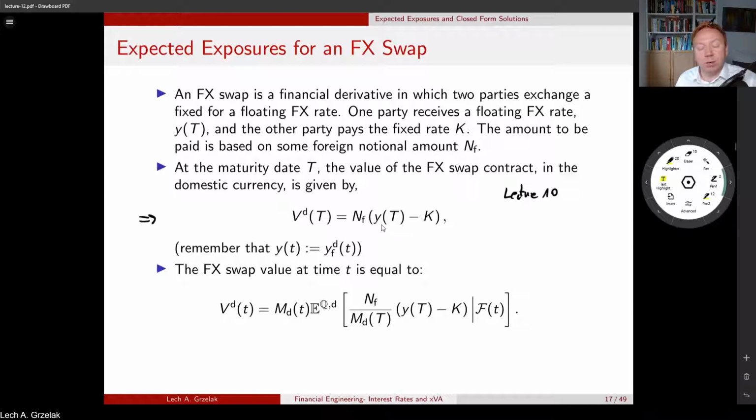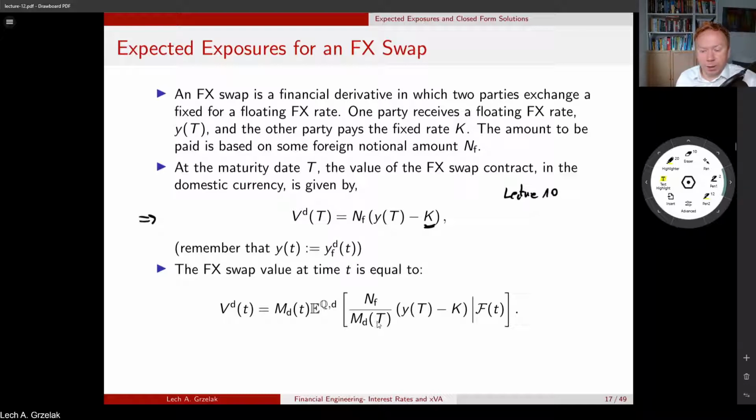So we have exchanging foreign exchange flows at time T. So this is stochastic, this is the FX rate at time T against the strike. So we look at the difference between the fixed amount and the FX rate available in the market, and then we multiply this difference with the notional, which is in foreign currency. In FX, of course, the exchange amount of money goes from foreign to domestic, so that will be in domestic currency.